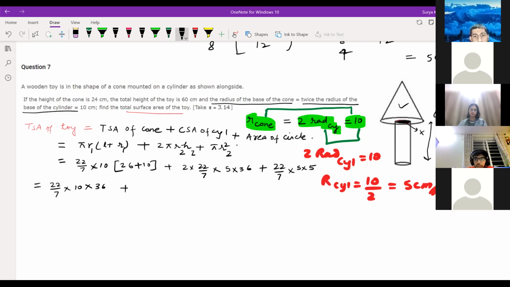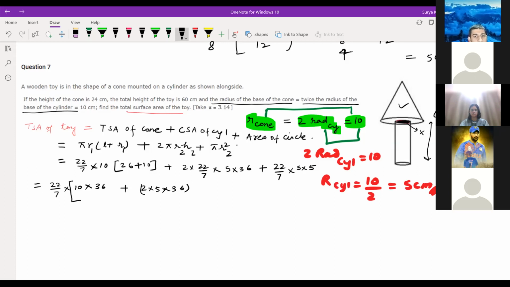Here you just take 22 by 7 common from everywhere. So 10 into 36 plus... Sir, I got the total answer as 2340.5 cm square. Sir, I got the answer as 2260.8. Let me check the answer there.